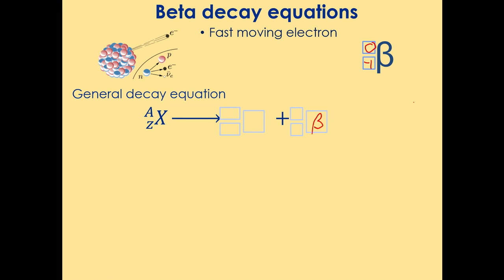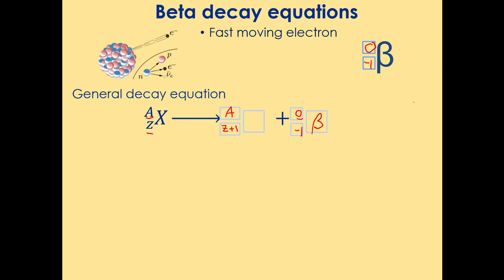Once we know it's beta, all betas have got a 0 and a -1. And then we need to think, what's that going to do to what's left? If it started off with an atomic mass of A and it gives out 0 atomic mass, it's still going to have an atomic mass of A. If it started off with a proton number of Z and it gives out -1, what we've got to add to that to get Z is Z plus 1.